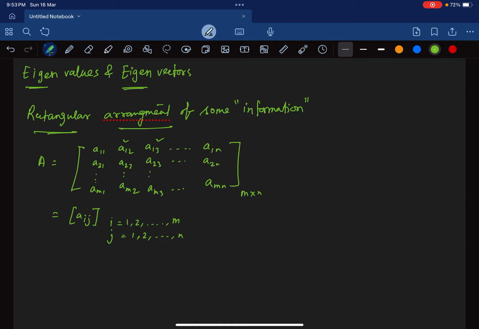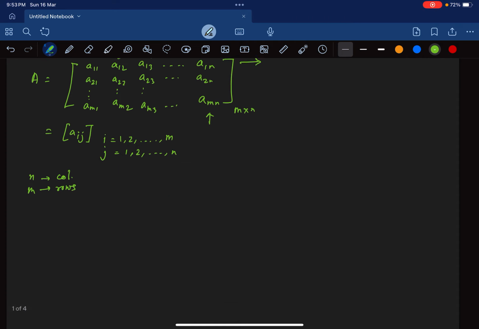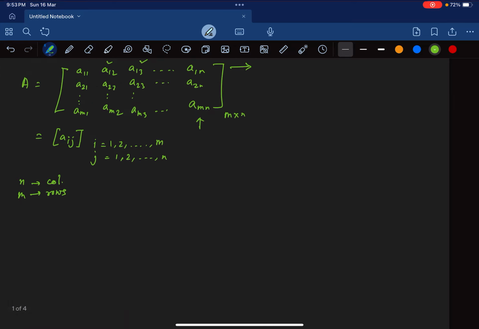Now this is the generalized representation of a matrix, where these are known as rows and these are known as columns. Okay, so how many columns are you having? n columns and m rows. So you have n columns and m rows from this representation.